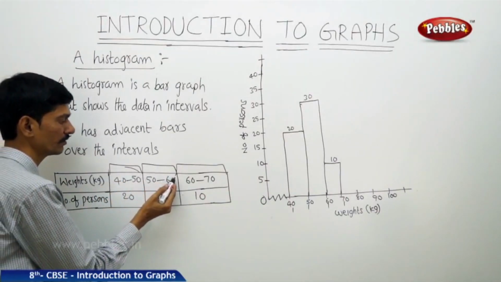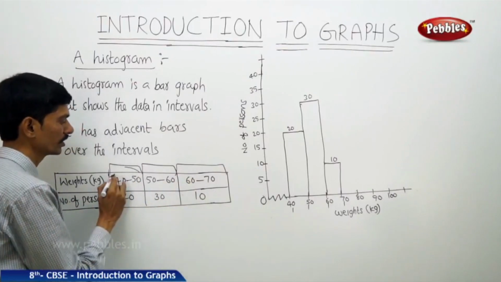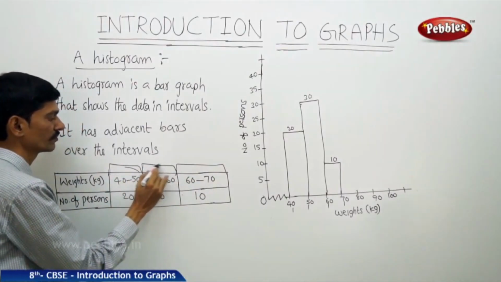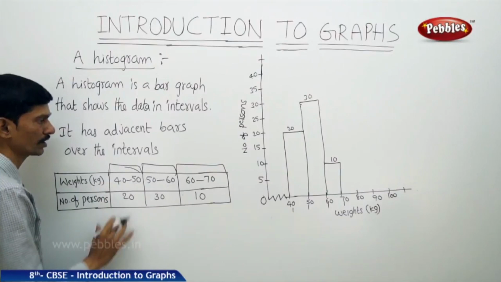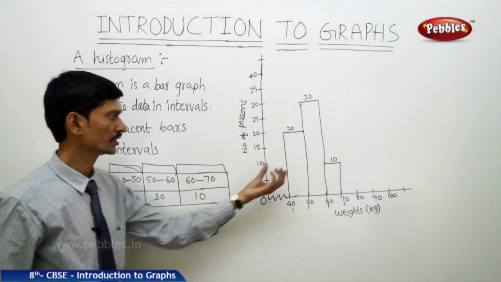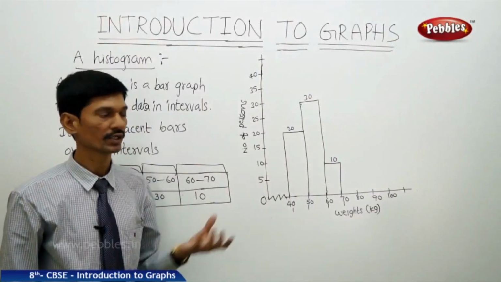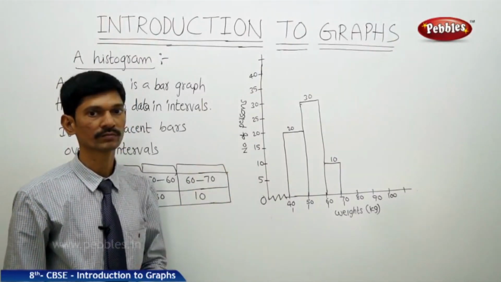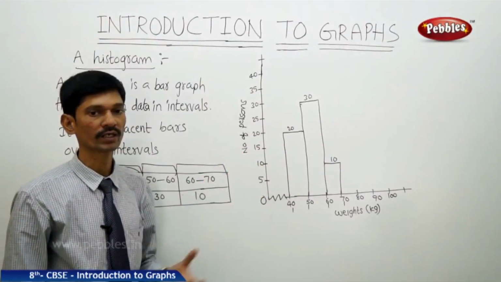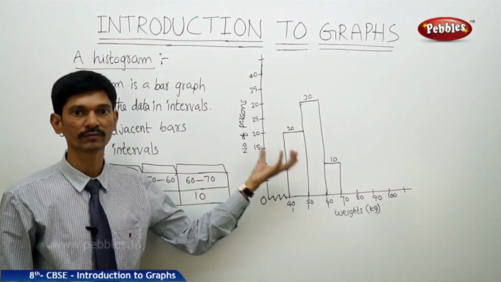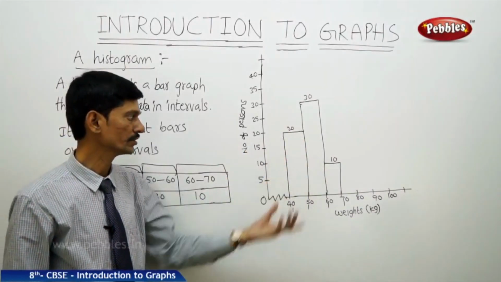Next is the histogram, next the line graph, and the last one is the linear graph. So these are the different types of graphs.